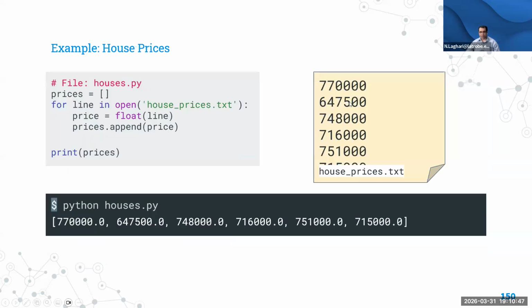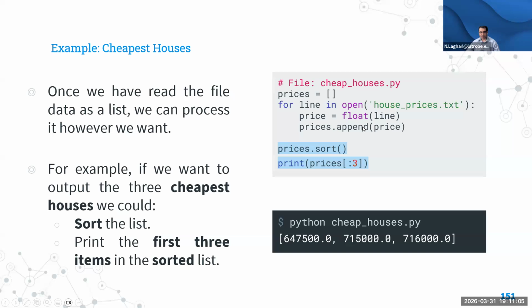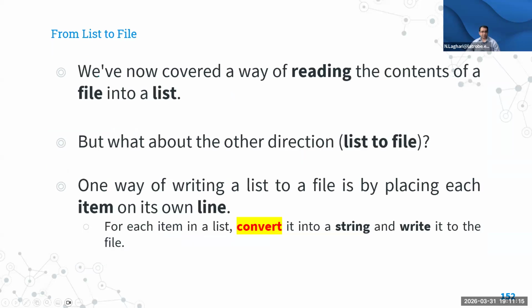So if you compare, 647,500 seems the cheapest, and then 750,000 and 716,000. So yeah.